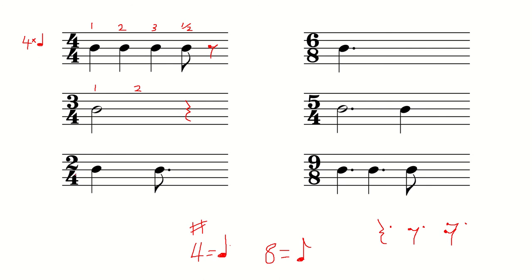Let's have a look at this one. 2/4, what does that tell us? Well, we know that 4 on the bottom means crotchet, and then we're going to have 2 of them. So 1, and then we have, well, this one is ever so short of 2. This is bringing us up to about 1.75. We're not quite at the full amount, so let's fill in the gap. That is going to be a, oh no, I'm writing in the wrong thing.